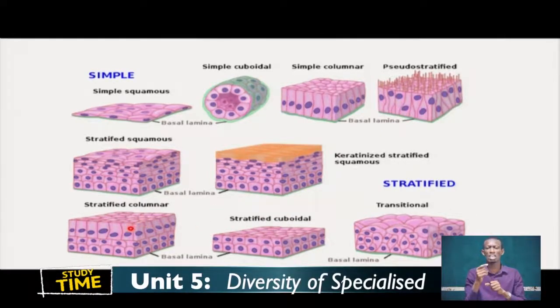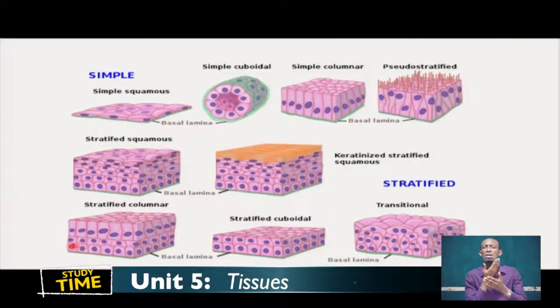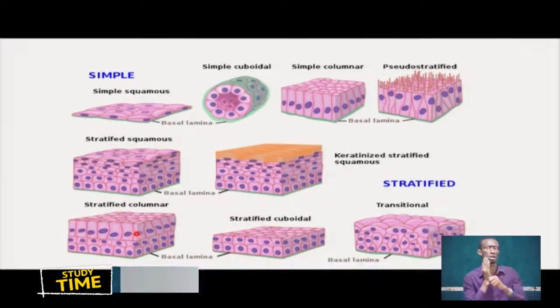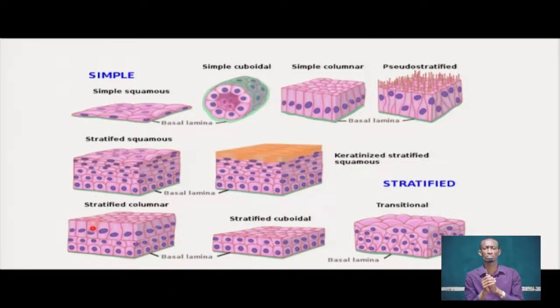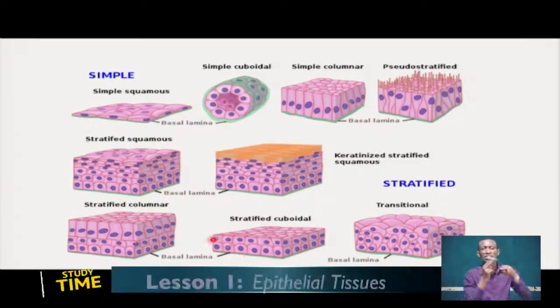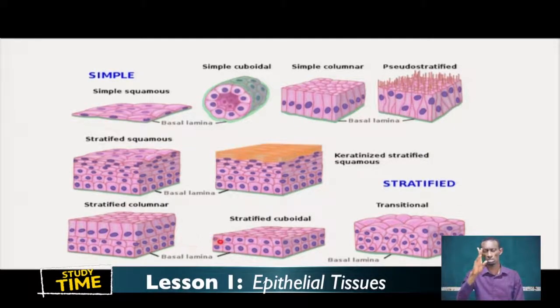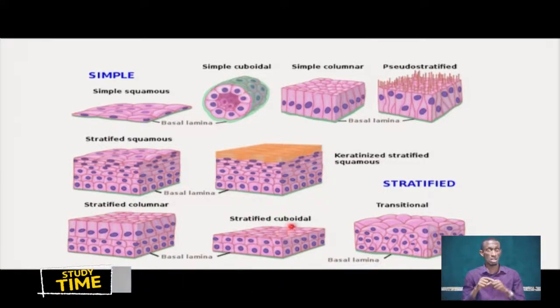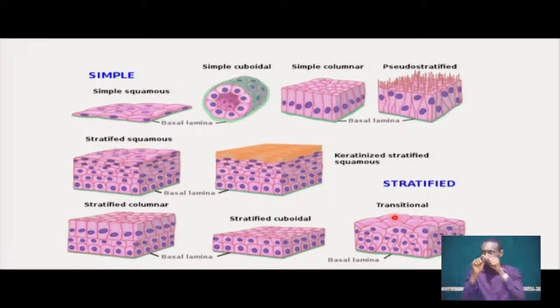Then we have stratified columnar. If you see, these are different layers, and then cells are elongated. That's why we say columnar. Then here we have stratified cuboidal, which means cells are arranged in different layers, as you can see. This is a layer, this is another layer, and then as you see, these cells are cuboidal in shape. Then we have what we call transitional.